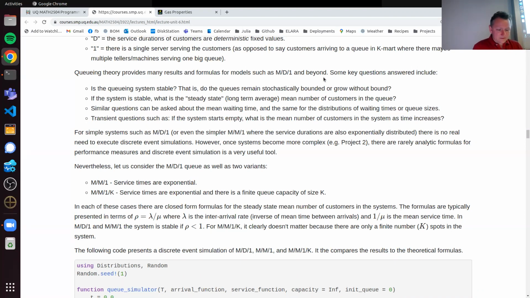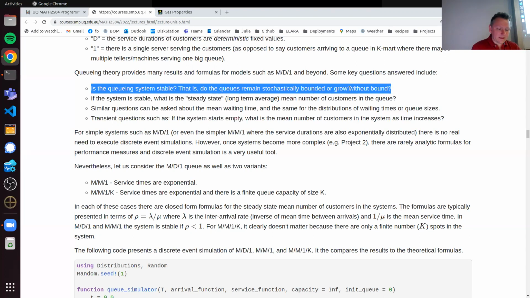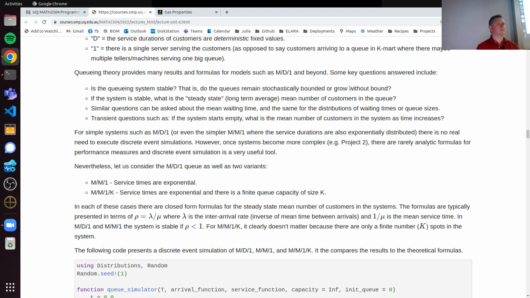So if you consider a system like that, you might have some questions. Like, if you run this over time, does the queue come to some kind of semi-equilibrium where it's bouncing around? Or does it blow up and the queue gets longer and longer and longer forever?